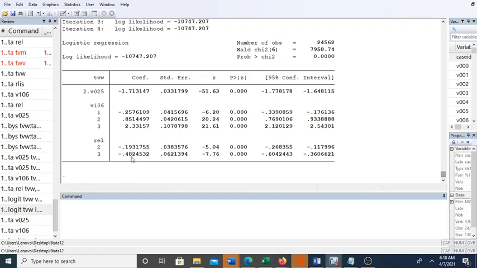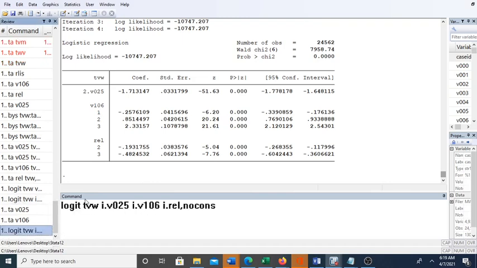So when do we use no constant? When we don't want our values to be controlled by unknown values, we use the no constant. So that's the most important part that can be looked at.